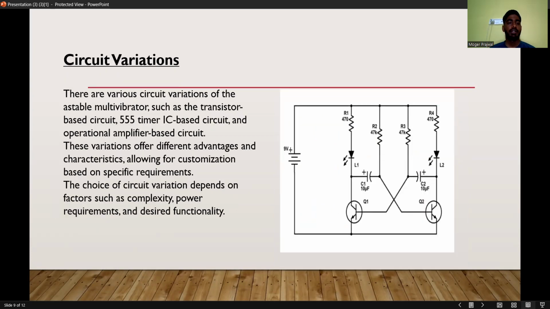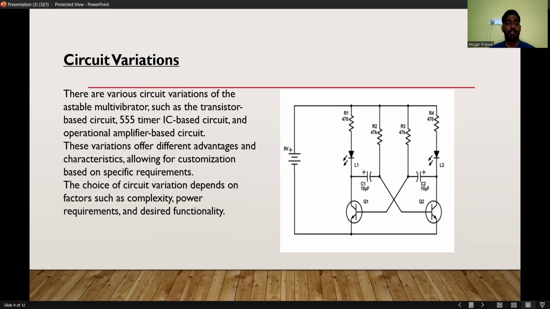Circuit variation. There are various circuit variations of the astable multivibrator, such as the transistor based, 555 timer IC based, and operational amplifier based circuits. These variations have different advantages and characteristics, allowing for customization based on specific requirements.